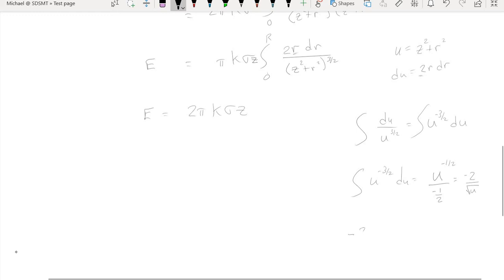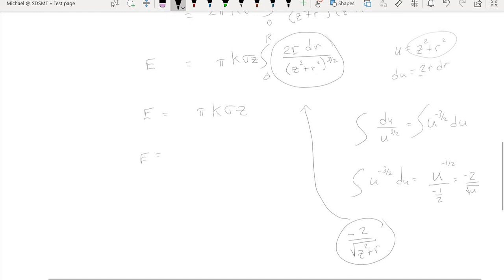And so negative 2 over root u, we now go back up and we reclaim the value of u, which is z squared plus r squared. And so this is what is going to go in for our integral. Now we did steal the 2 from the front there, but the 2 is actually going to come back.